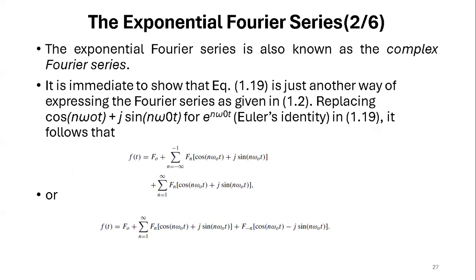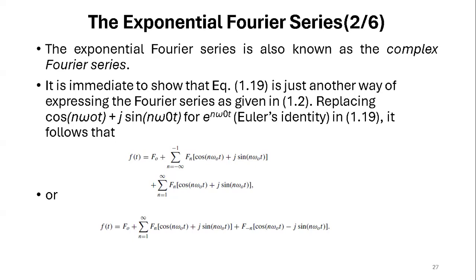In the previous equation 1.9, it follows that f of t is equal to F of naught plus the summation from n equal to minus infinity to minus 1 of F n, cos n omega t plus j sin n omega t, plus the summation from n equal to 1 to infinity of F n, cos n omega t plus j sin n omega t.